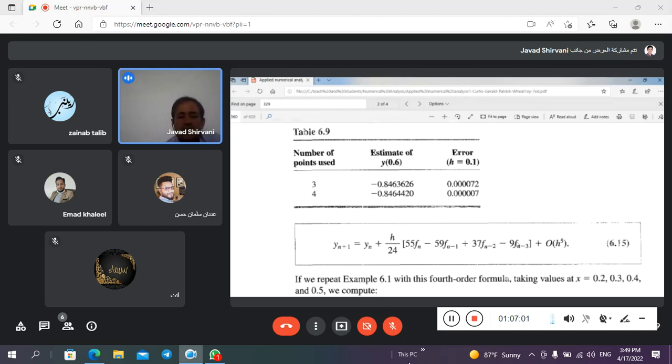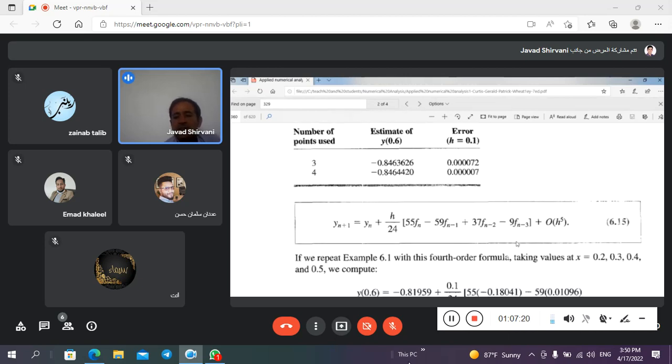Yn plus 1 equals Yn plus h divided by 24, 55 Fn minus 59 Fn minus 1 plus 37 Fn minus 2 minus 9 Fn minus 3, with the accuracy which is exact and accurate for polynomials of degree 5 or less.